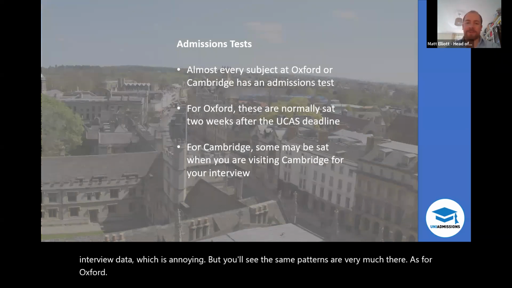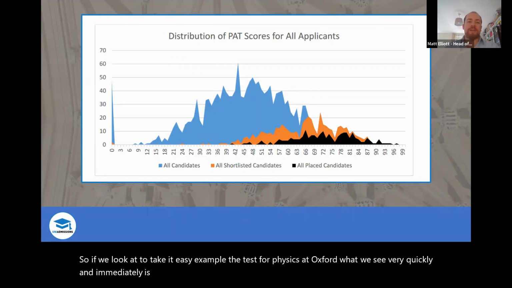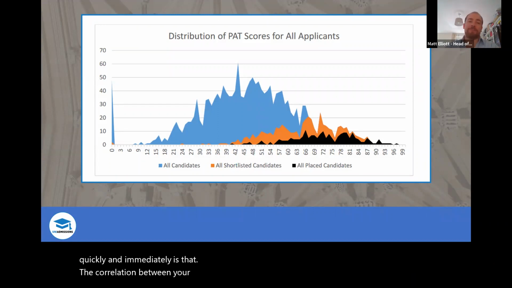So if we look at, to take an easy example, the test for physics at Oxford, what we see very quickly and immediately is that the correlation between your score and whether or not you get an offer is incredibly strong.